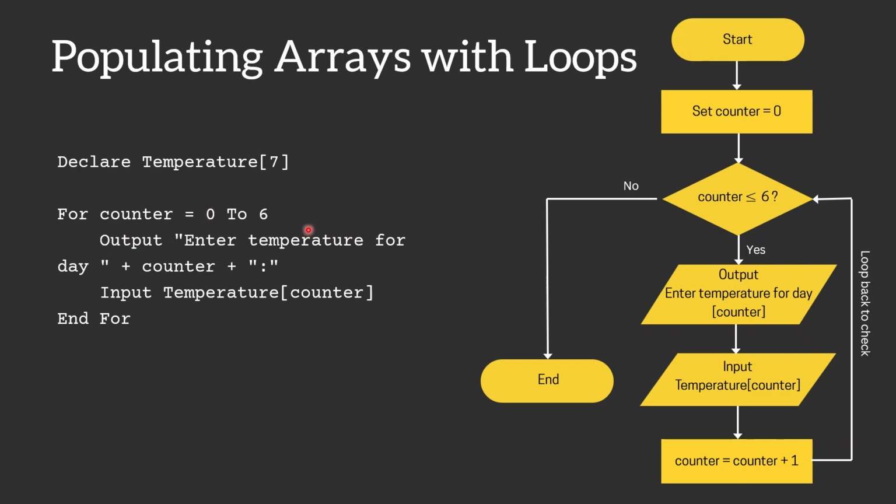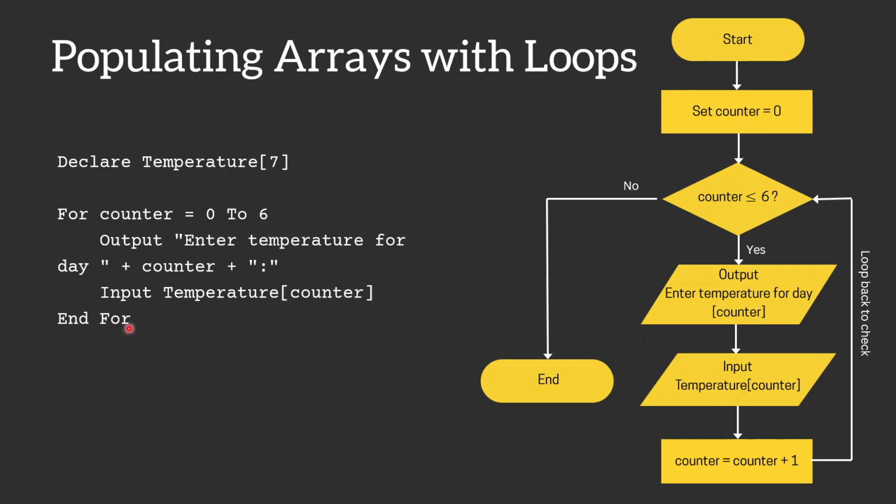So we go through 0 to 6, and we're going to output and ask the user to enter the temperature for the day, and then have the counter here, and then we're going to input whatever that temperature index is into this array variable.